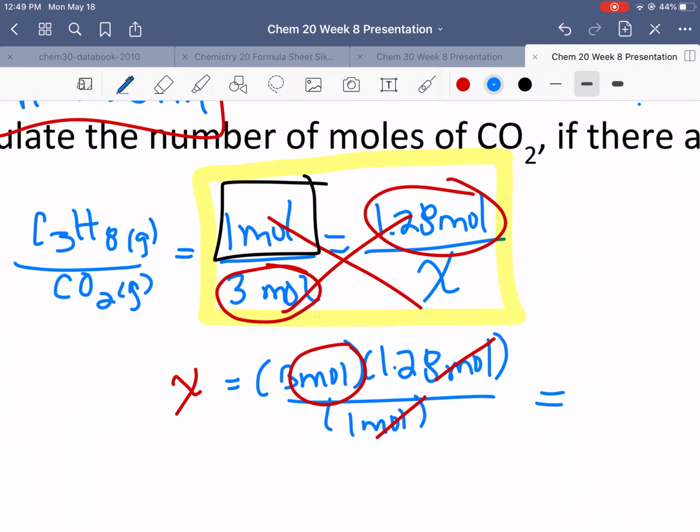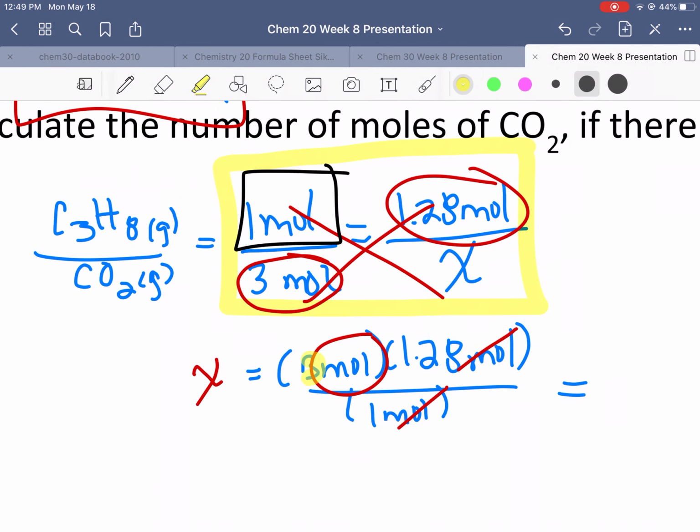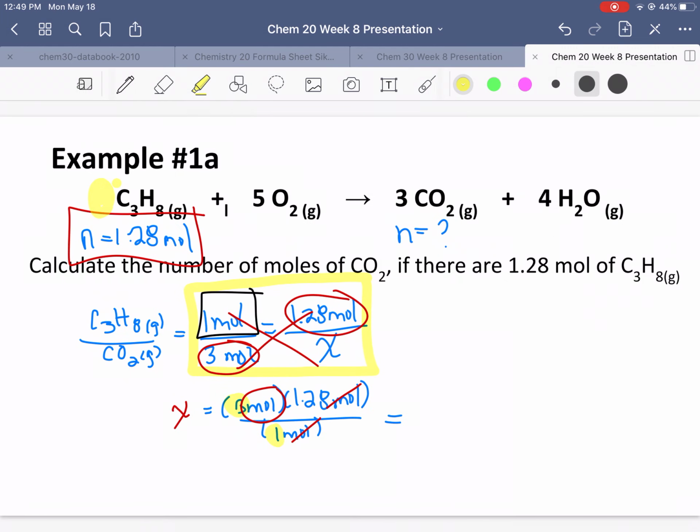This is kind of confusing. Let's talk about this a little bit. I have a 3 here and a 1, so shouldn't my answer have 1 sig dig? So guys, when you have a balanced chemical reaction where there's a 1 here, a 5 here, a 3 here, a 4 here, those are what we call exact values. It is exactly 1 mole of C3H8. It is exactly 5 moles of O2 gas. It is exactly 3 moles of CO2. You get the idea. And exact numbers have an infinite number of significant digits.